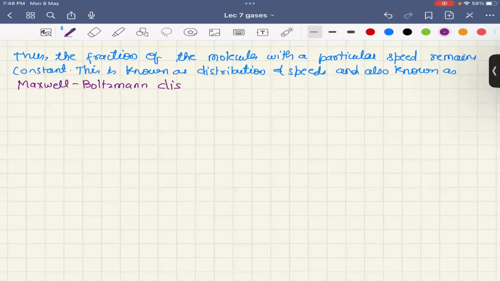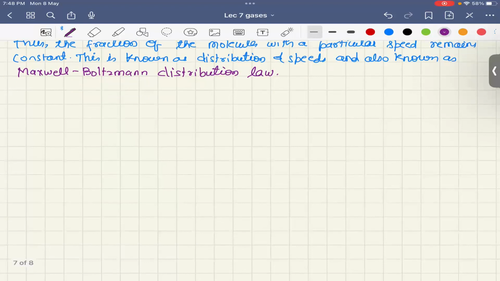This is known as Maxwell-Boltzmann distribution law, right?